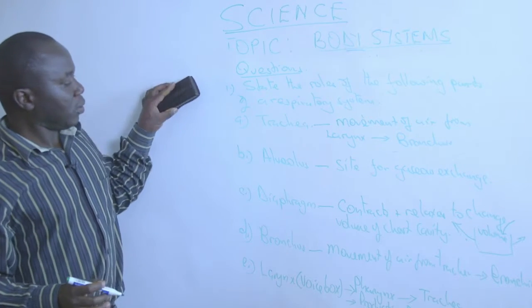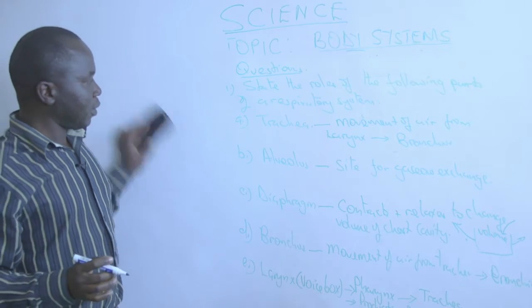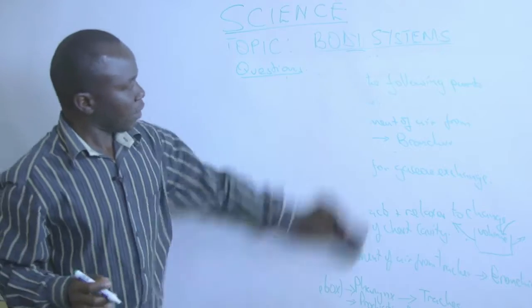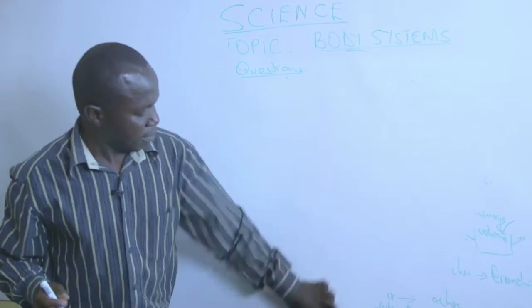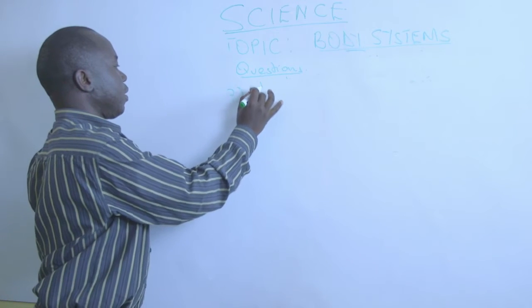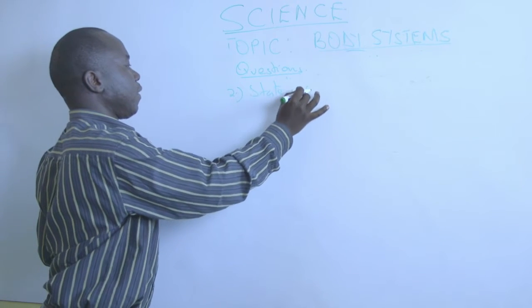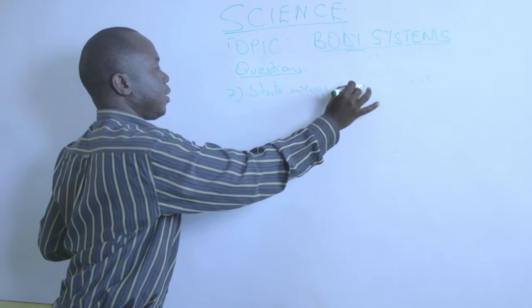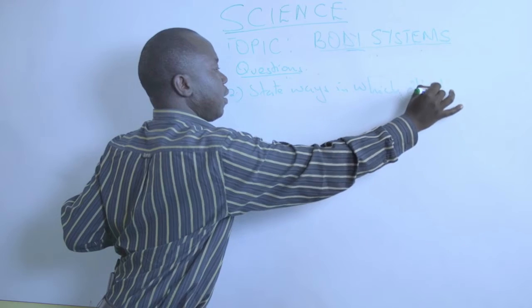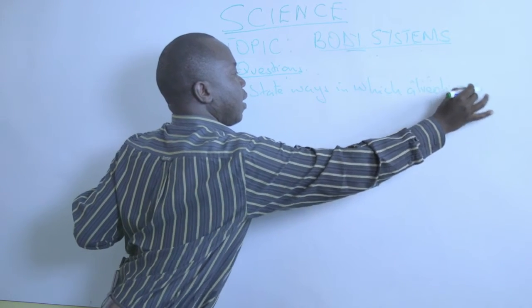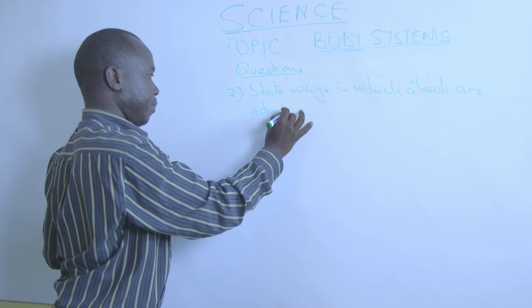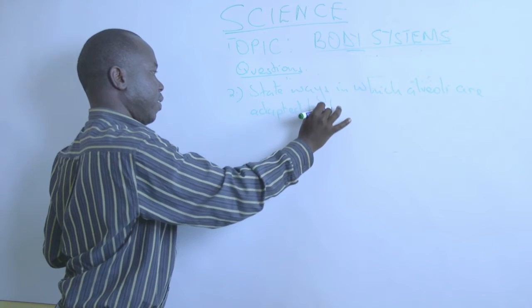The last question, which will be your homework, is this. Question 2. State ways in which alveoli are adapted to their function.